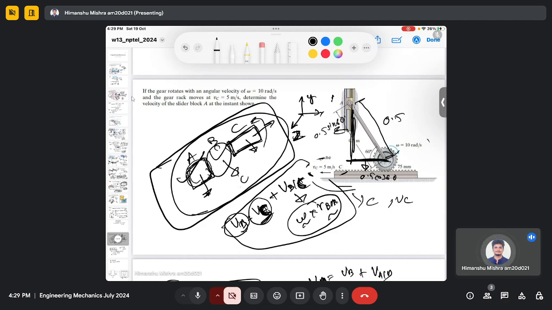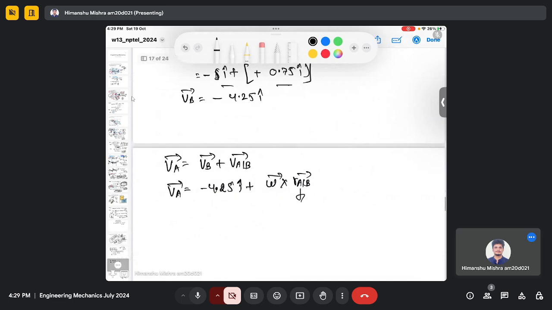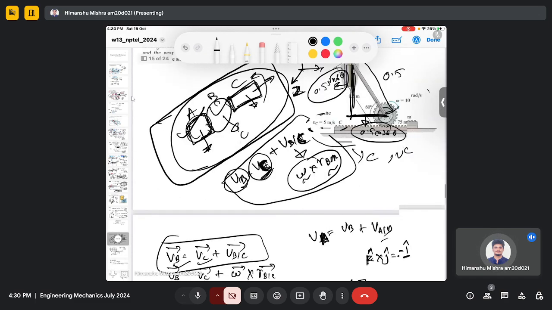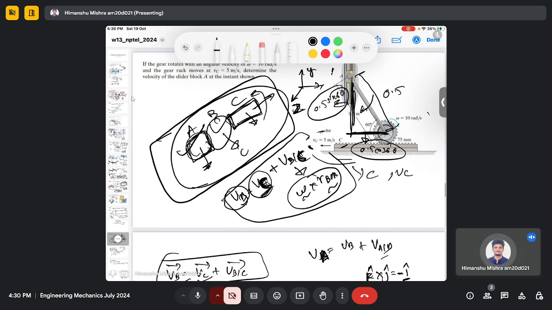So the position vector is 0.5 cos 60 in the x direction and 0.5 sin 60 in the y direction. So it is minus 4.25 i plus omega cross 0.5 cos 60 i minus 0.5 sin 60 j. This is my position vector, and I don't know the omega. I don't know the angular velocity by which this rod is rotating.